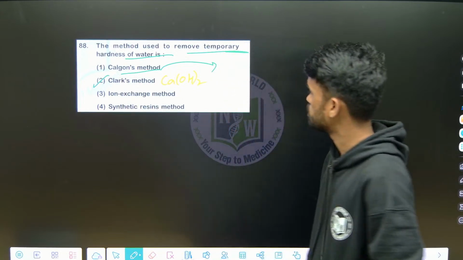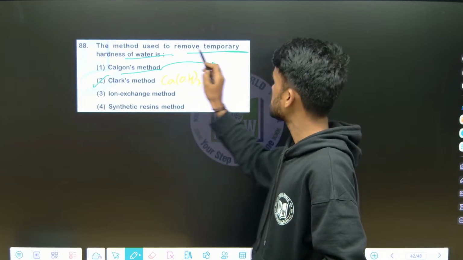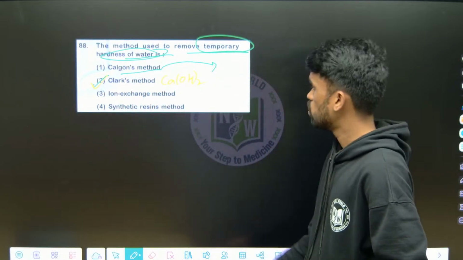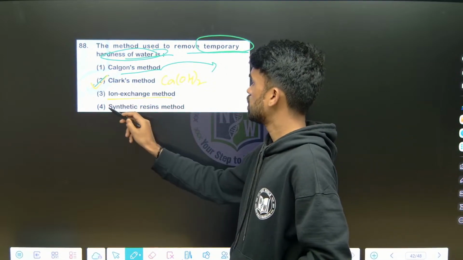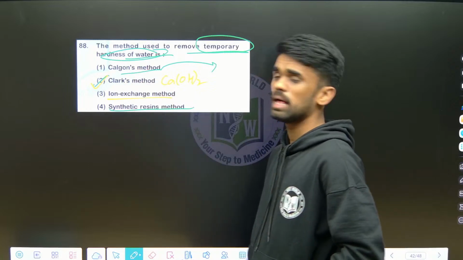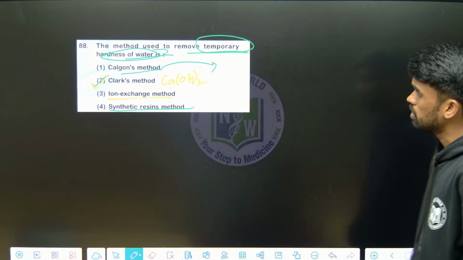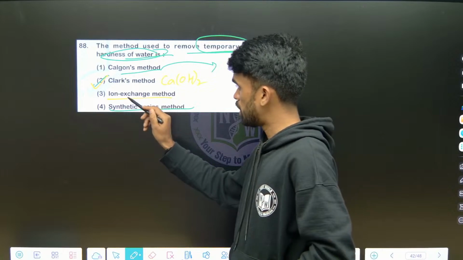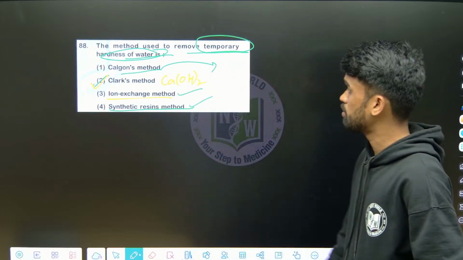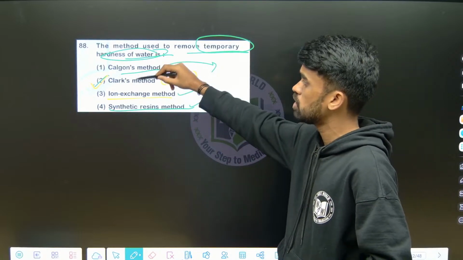But what they are asking is to remove the temporary hardness, so Clark's method is preferred. Ion exchange method and synthetic resin methods are more advanced than these two methods. To remove both permanent and temporary hardness, we will be using ion exchange method and synthetic resin method.